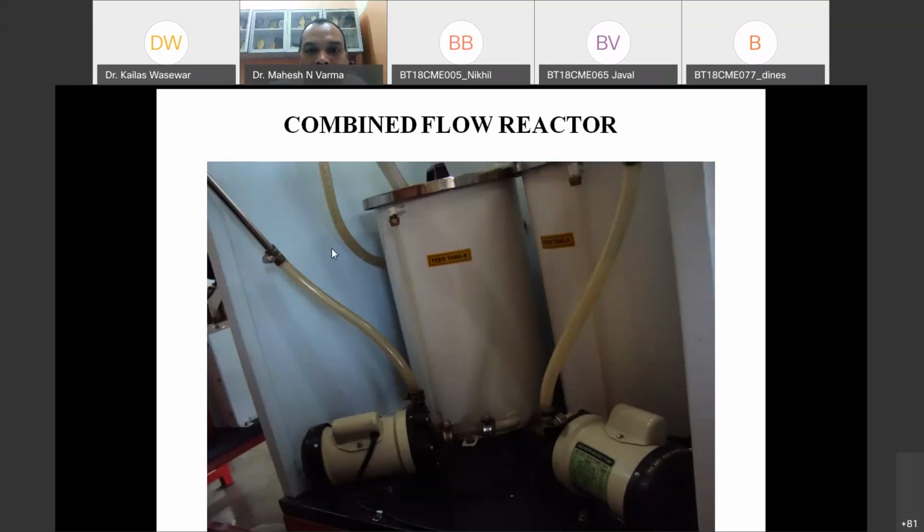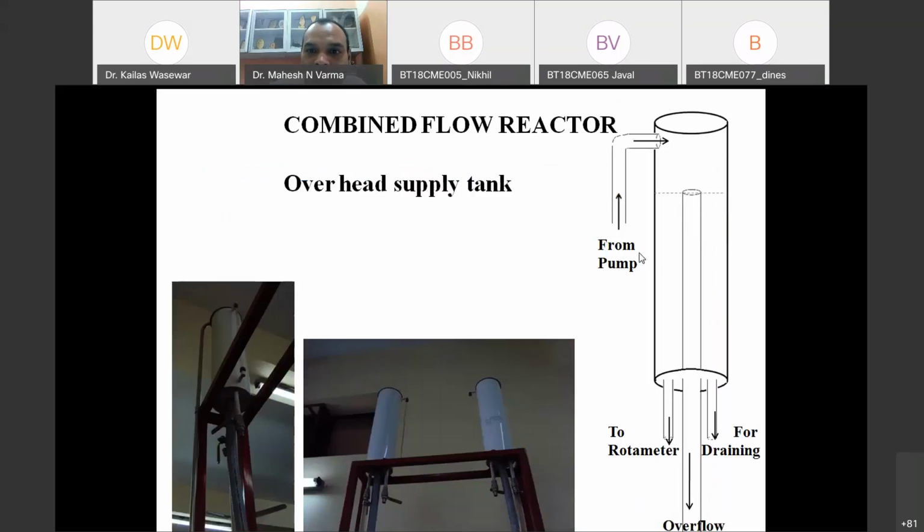To avoid that, this overhead tank is given. Now I am maintaining the head at this level. Whatever excess fluid comes in here will not be drained out, it will be returned back to the tank. The drain is just for cleaning purposes. So the head given to the rotameter is always constant and will not change.